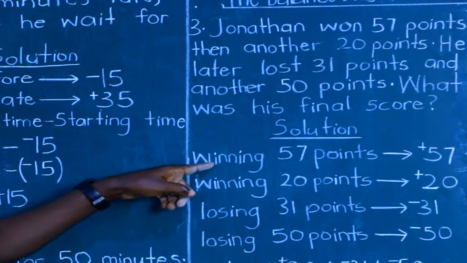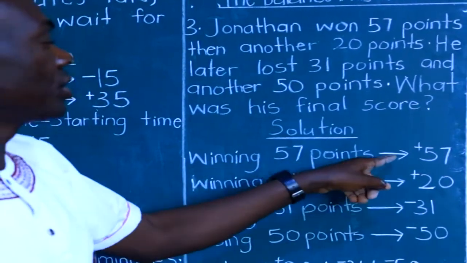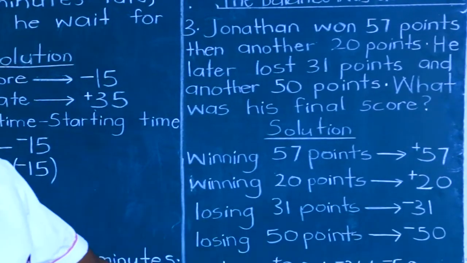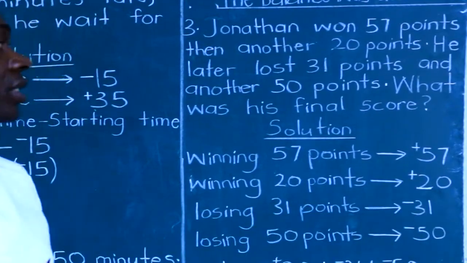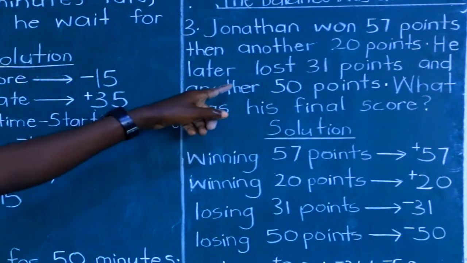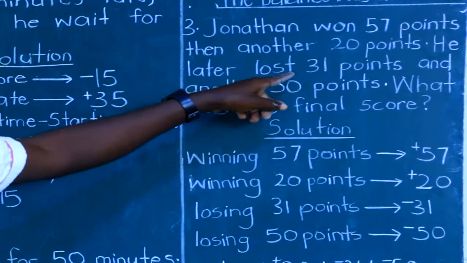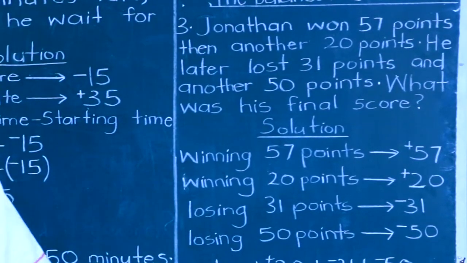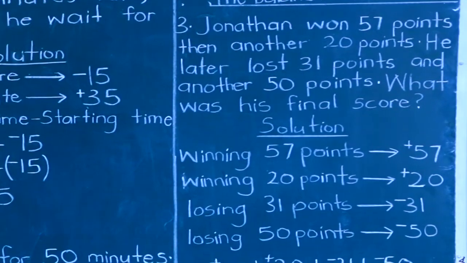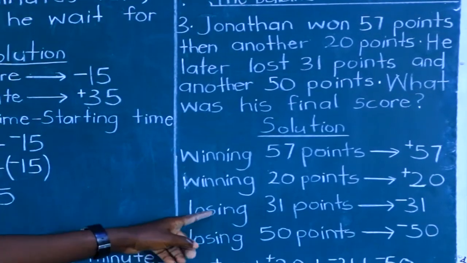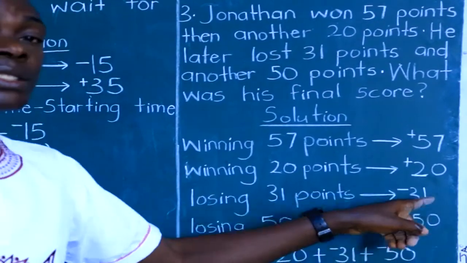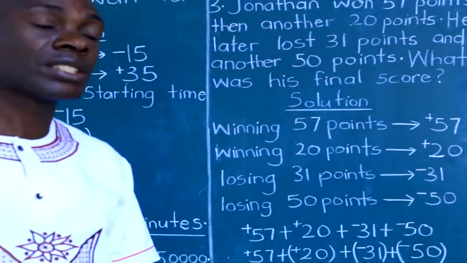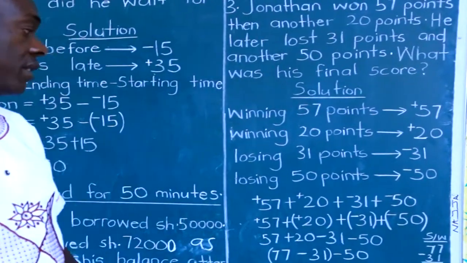That's why in the solution you say winning 57 points represents positive 57, and winning 20 points represents positive 20. And then this same Jonathan later lost 31 points as well as 50 points. So that loss is interpreted to be application of negative integer. That's why you say losing 31 points represents negative 31, and losing 50 points represents negative 50.